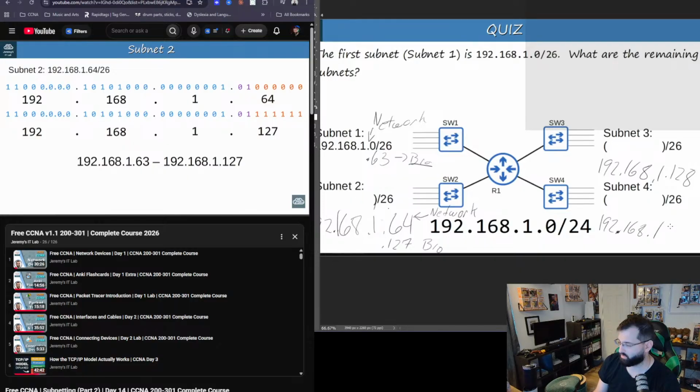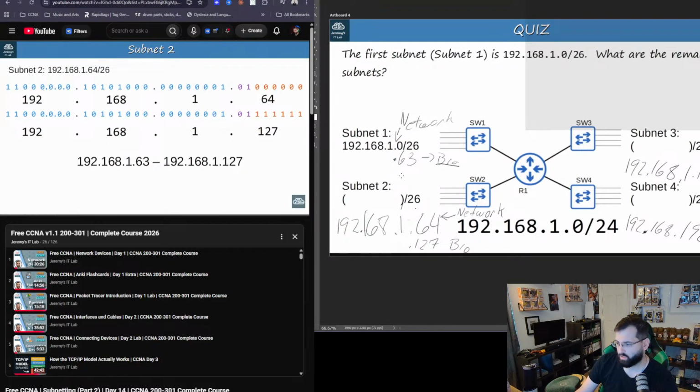I wonder how many other people have that same problem. Okay, so to recap, we found the network and we found the broadcast. Our block is 64, because 2 to the power of 6 equals 64.